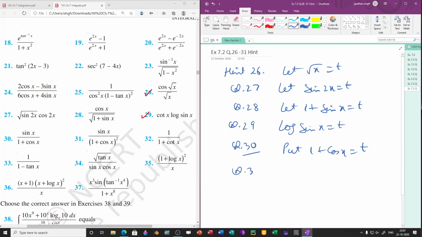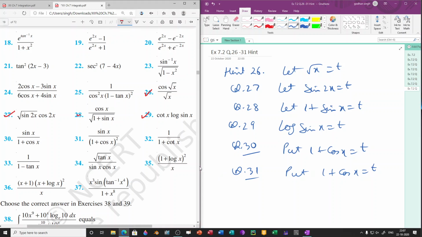In question number 31 also, just by seeing the numerator and denominator, you can easily guess what the substitution should be. So for question number 31, again we can take 1 plus cos x as t. So put 1 plus cos x equal to t.